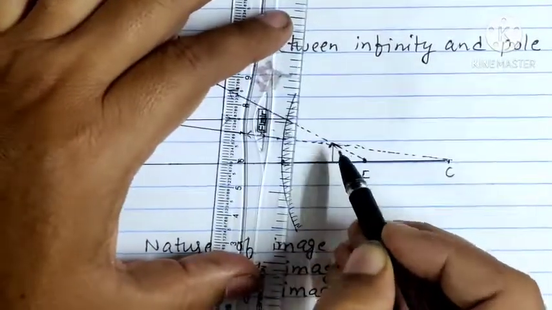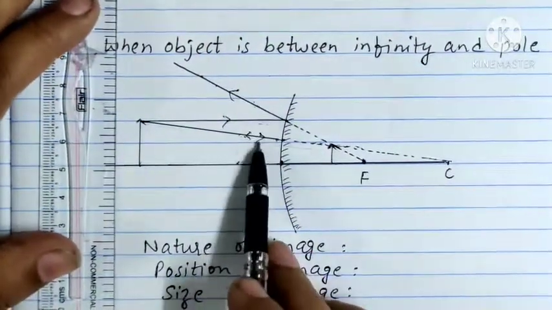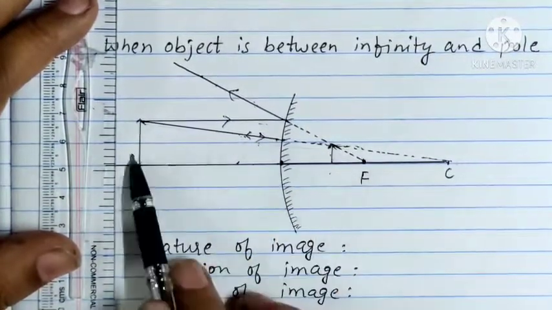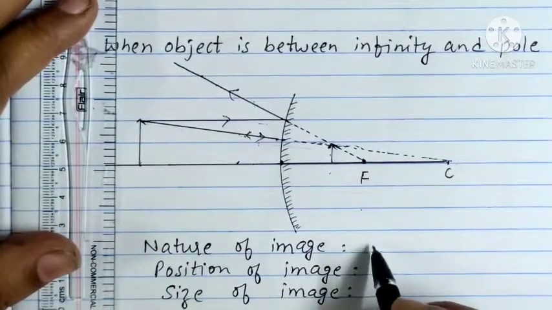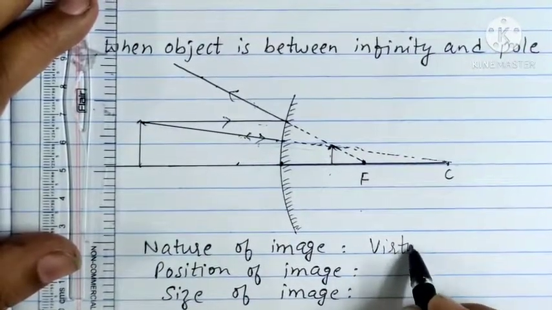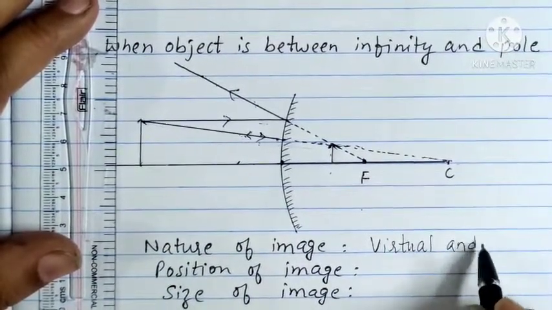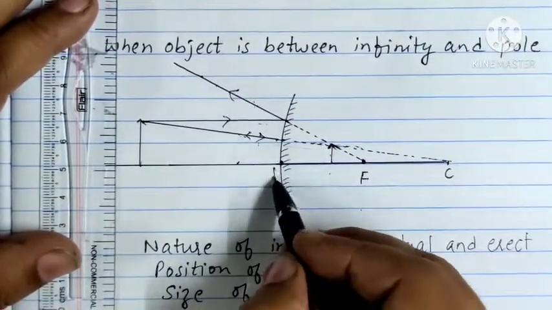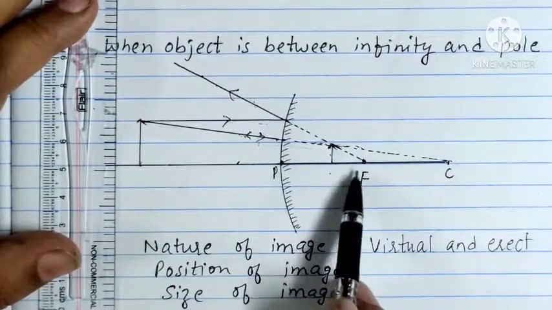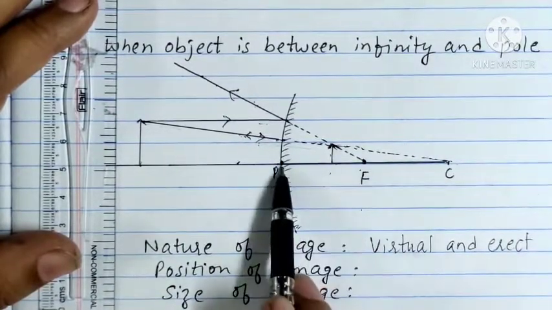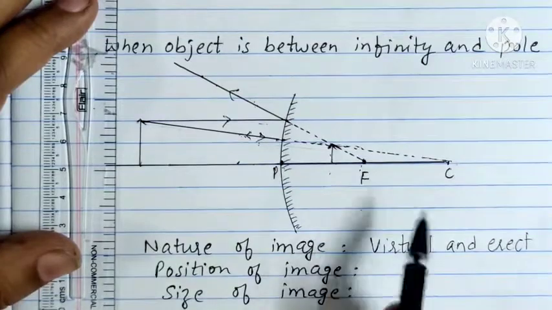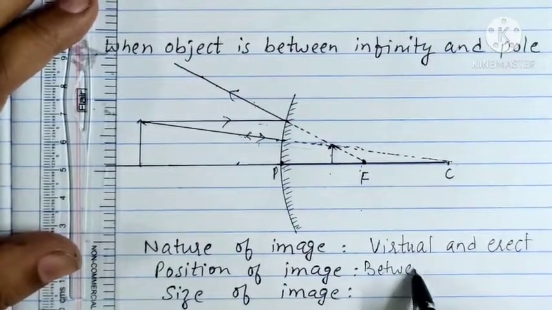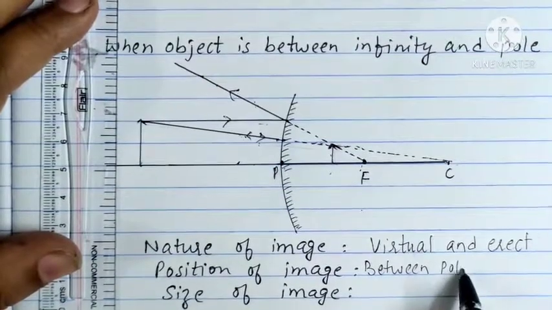So the image will be formed. Since these two rays are not actually meeting, the image formed will be virtual, and you can see the image is erect also. So the nature of image will be virtual and erect. The position of image, as you can see, is between pole and focus behind the mirror.